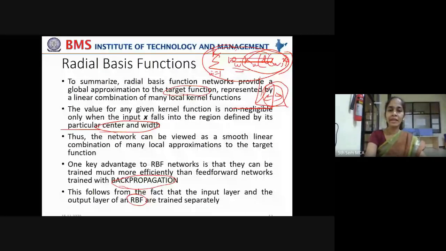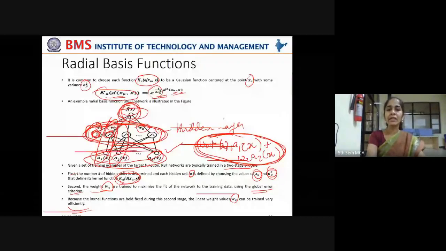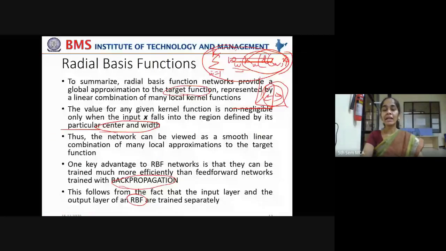Here, this layer is trained separately and this layer is trained separately. Both of the layers are trained separately without having any dependence between each other. That is why its efficiency at performance, its efficiency at learning the task is far better when compared to the backpropagation algorithm in neural networks.